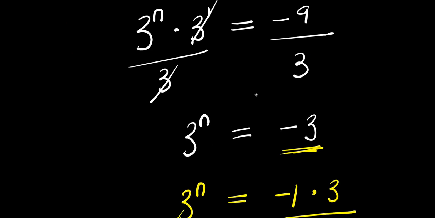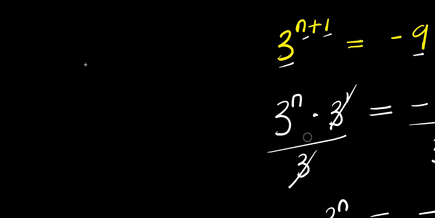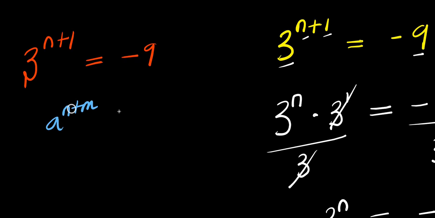Now let's do it using a different approach. 3 power n plus 1 equals negative 9. First step is to consider if you have a power n plus m equals a power n times a power m.